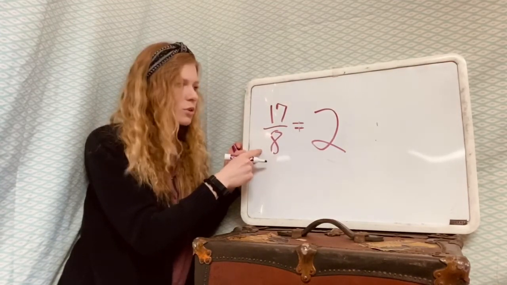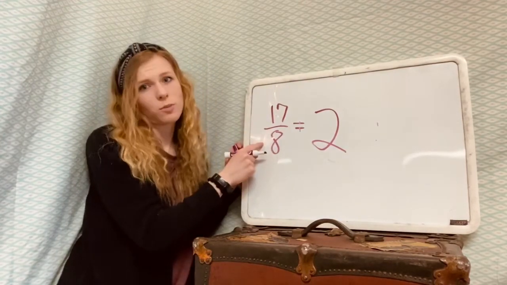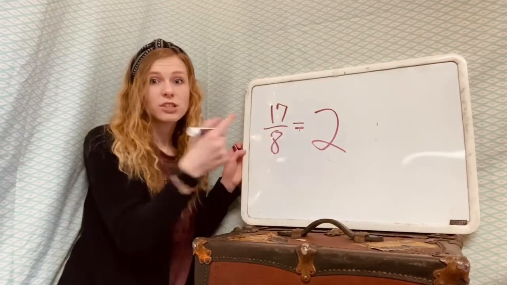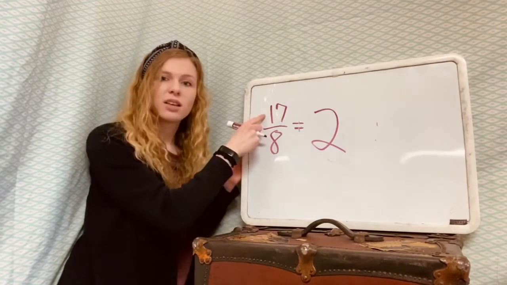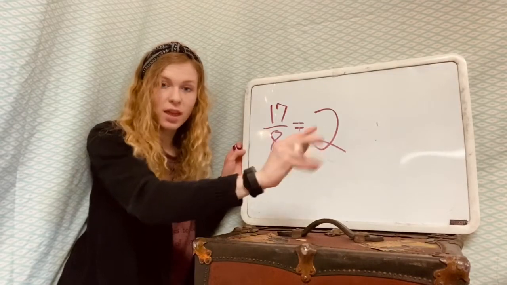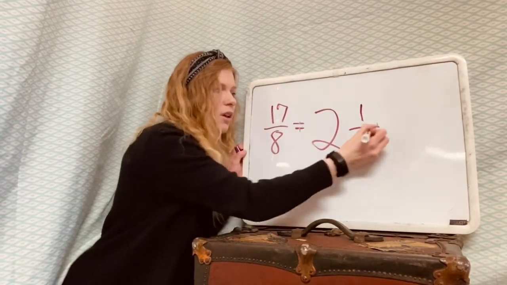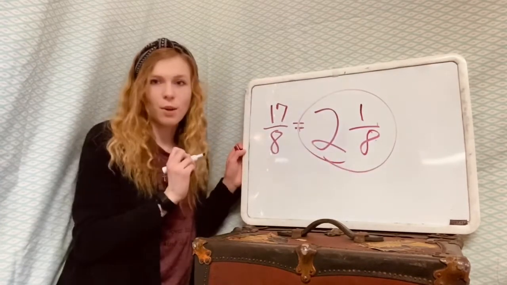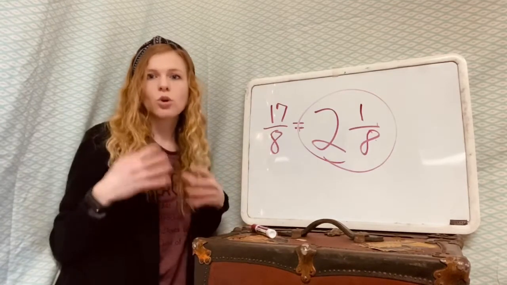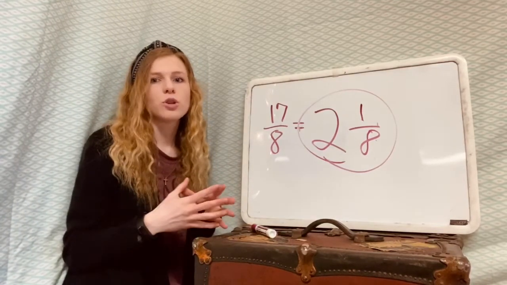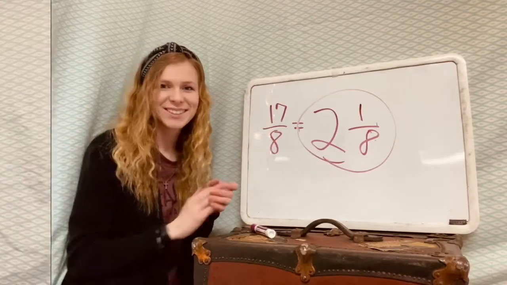I said it goes in there twice, so how much am I really going to take away from 17? Well, 8 twice is 16. So I'm going to take that 16 away from 17, and I'm left with 1 left over, keeping that same denominator of 8. Okay, so that is the thinking process. Those are questions that you can ask yourself when you're taking an improper fraction and turning it into a mixed number.